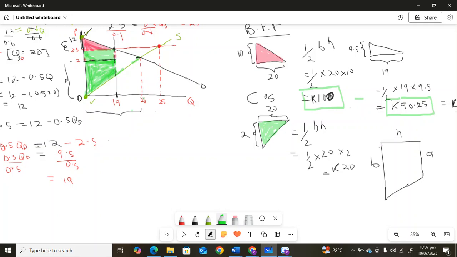Where's the green? The trapezium? It's 2.5, because we're moving from 0 to 2.5. Yes, 2.5. What is our H?